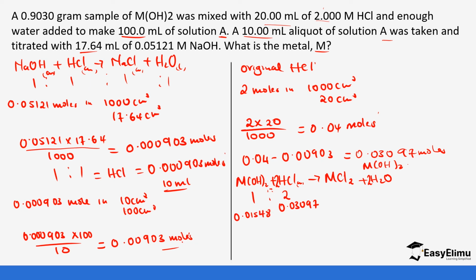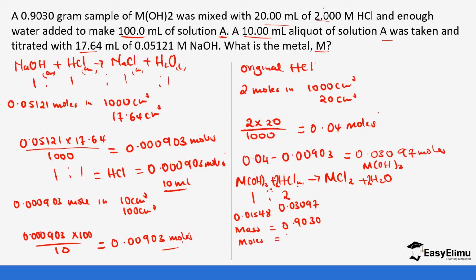So the next question, you have been told to calculate what is metal M. We have the mass, which is 0.9030, and then we have the moles, which is 0.01548.